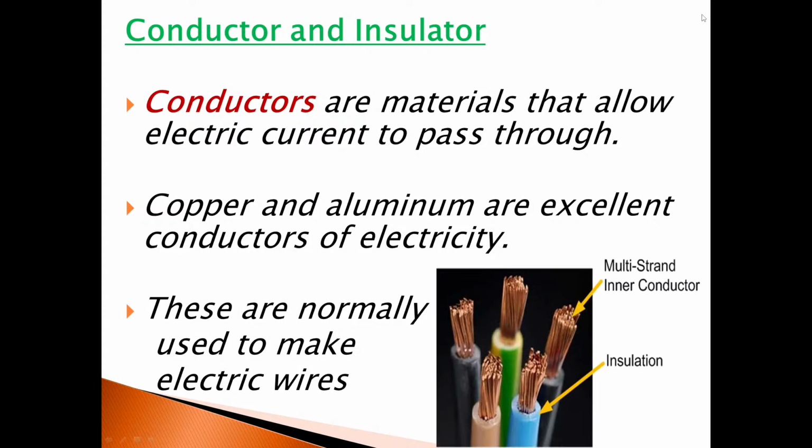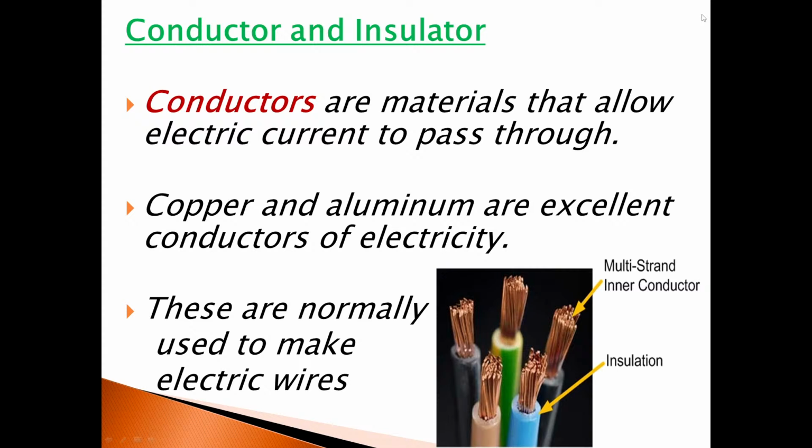Along with copper, aluminum is also an excellent conductor of electricity. So again, we're looking at electricity in terms of being able to move or not being able to move.